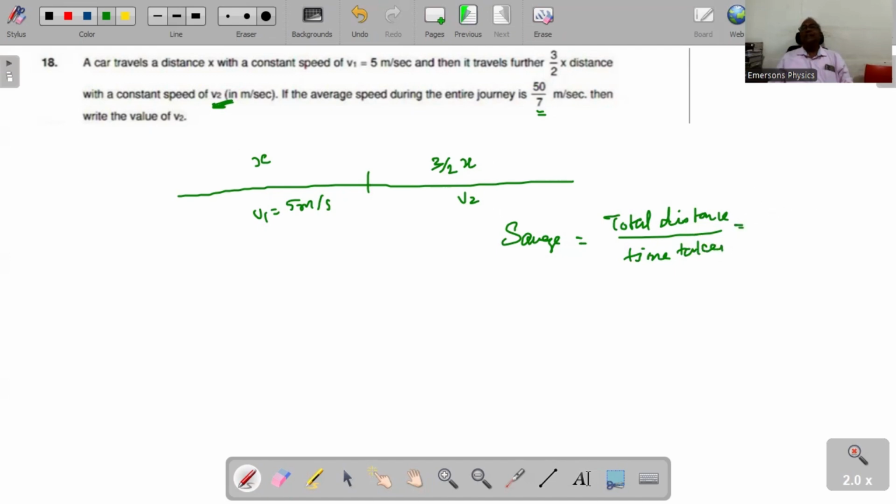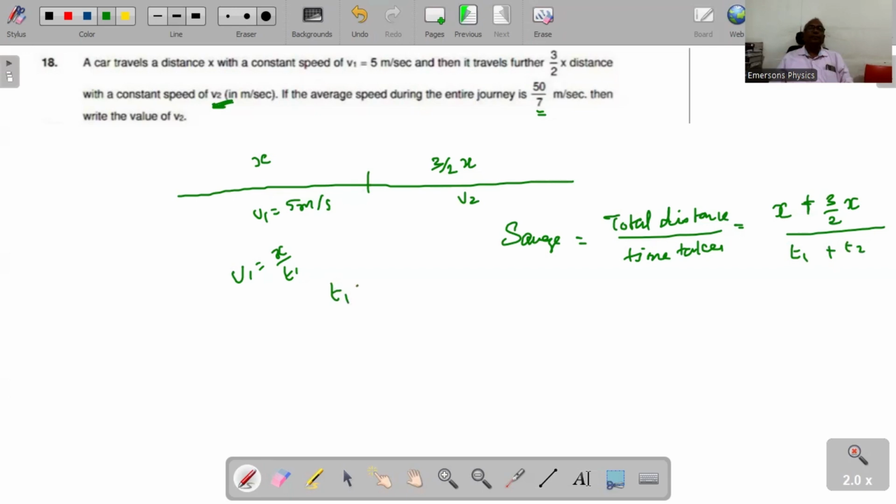First, it traveled distance x. Then it traveled distance 3 by 2x, by time taken. V1 equal to distance by time. So here T1 plus T2.